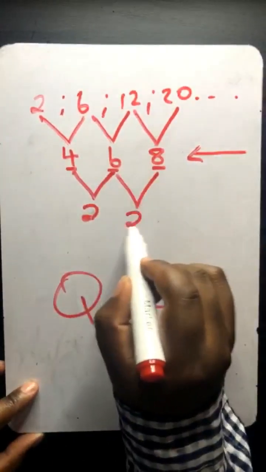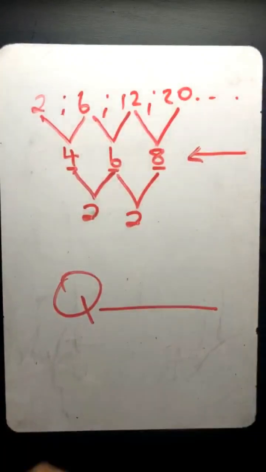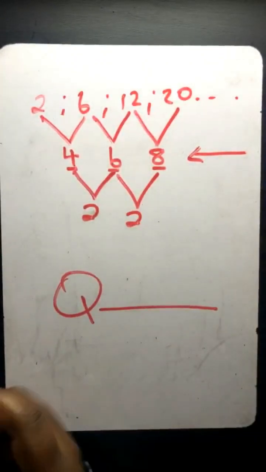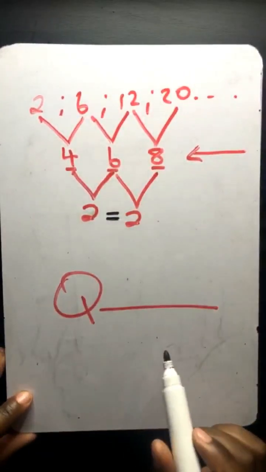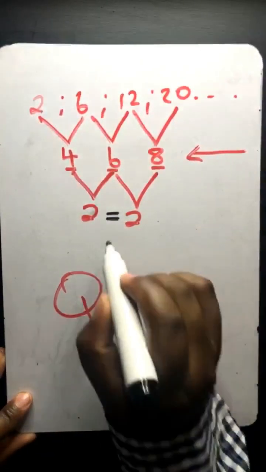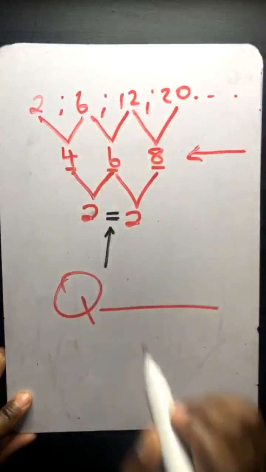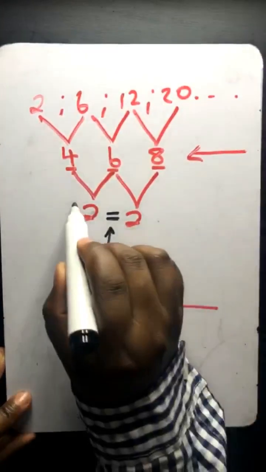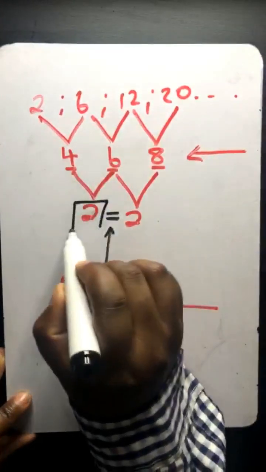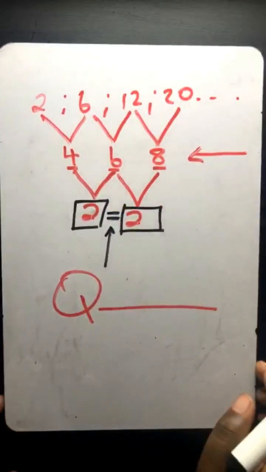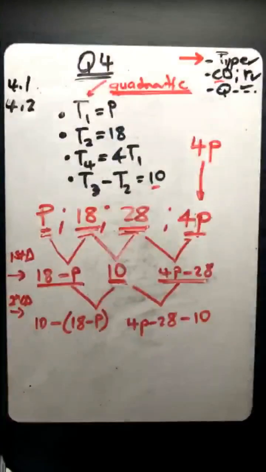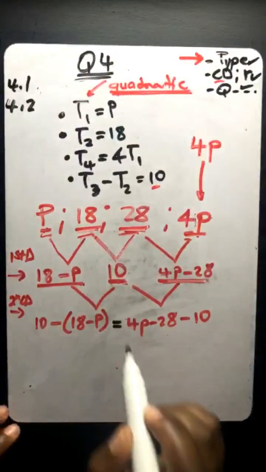Is it not 2? So can you see? When you get to the second layer, that's where you have the difference being equal. So when Lerato was saying the equal, it's now confusing. She was actually referring to that equal sign that I've put there, where I wanted to show you that when you get to the second layer, you can equate this to that because it is the same thing. That is why there I had an equal sign.